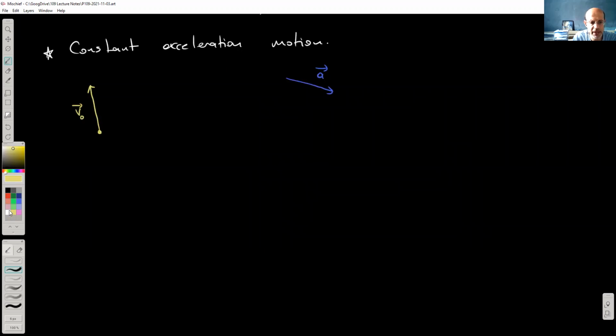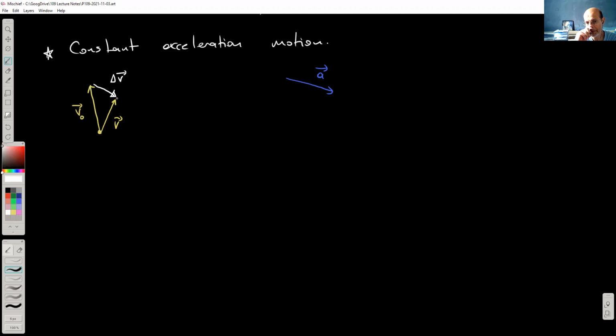So that would mean that if the acceleration is constant, at any later time, if the velocity is like that, right? Just look at the change in the velocity. So that's delta v. That delta v vector should be parallel to the acceleration.